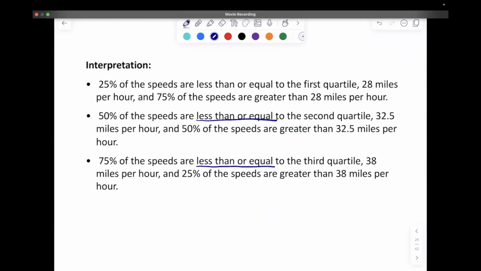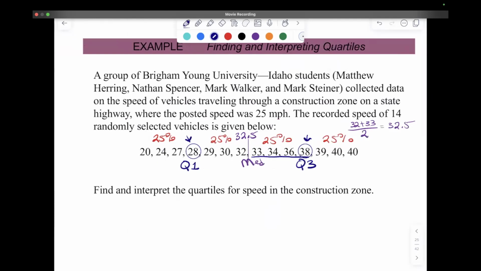It's not going to affect anything, but it's less than or equal to. So if you had to decide which direction to pull it, that's the way you would pull it. But you're never going to get a question that asks which quartile 38 is in. It would be more likely to ask you which quartile 34 was in. It's going to be really specific and really clear, so don't worry about the ambiguity there.